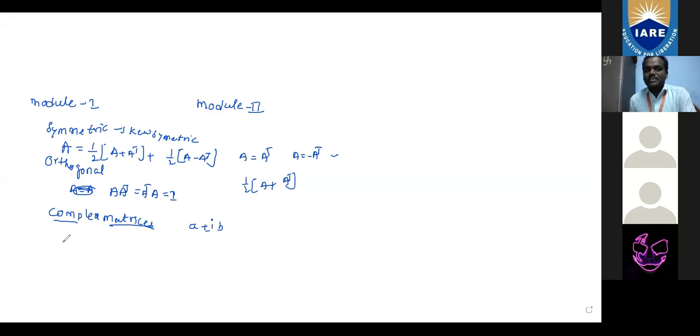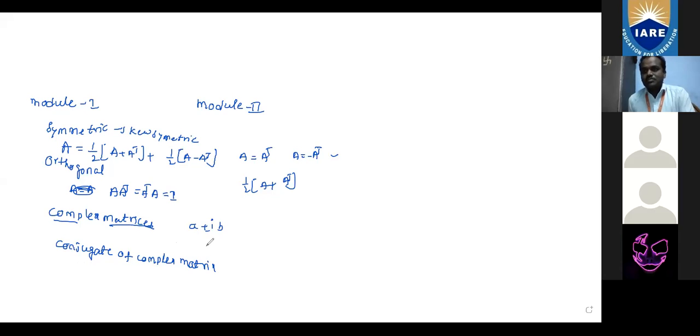For complex matrices we have Hermitian and skew Hermitian, and before that the conjugate of a complex matrix. Each complex element is written as a real part and an imaginary part.